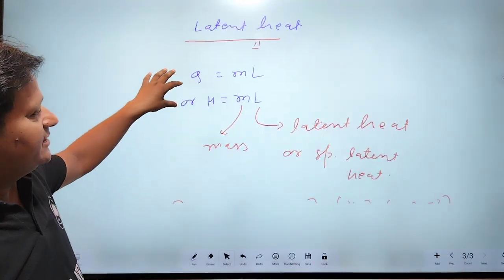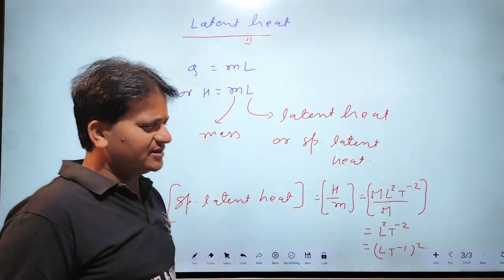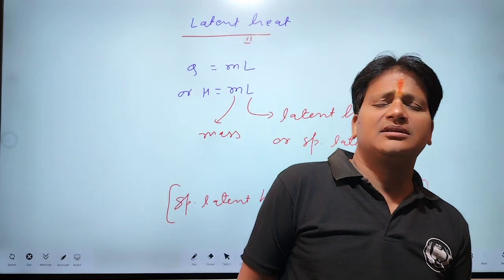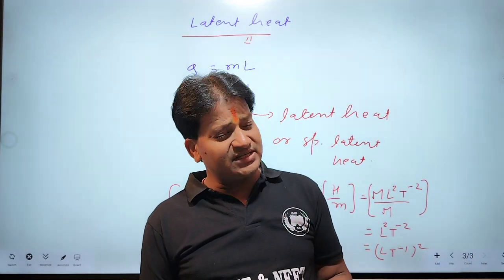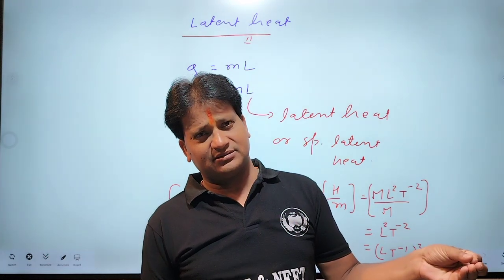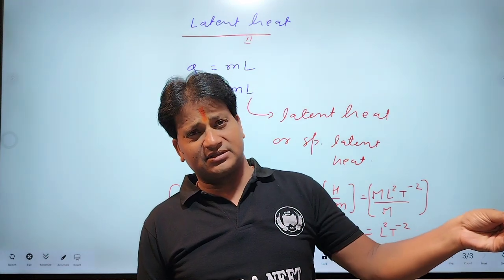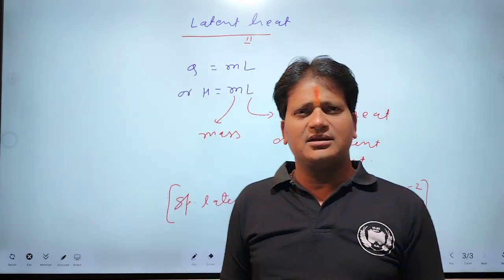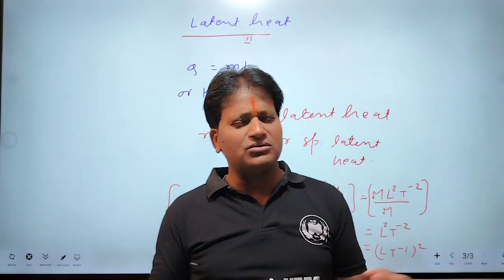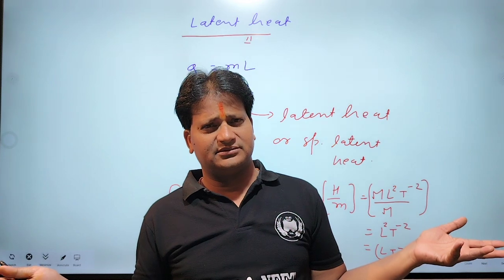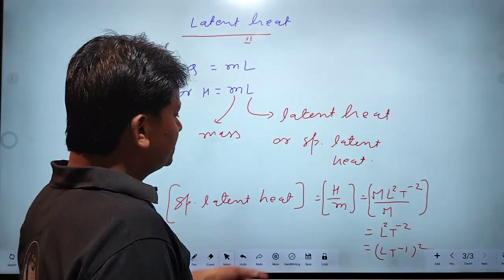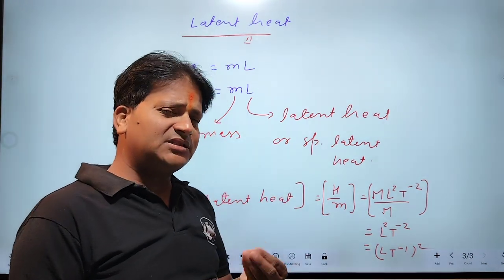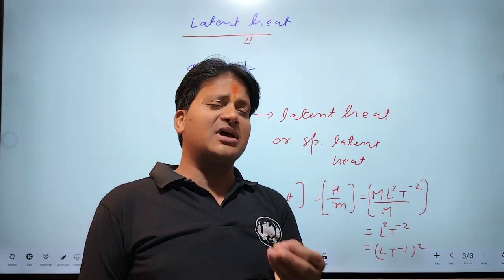Here latent heat. Simply latent heat means the amount of heat energy absorbed or released to change the state of a substance. Okay? Here it is not specified, but in a specific latent heat it is specified for unit mass.